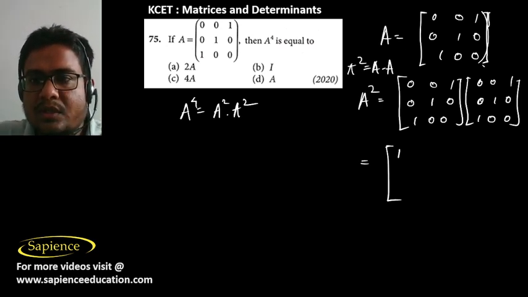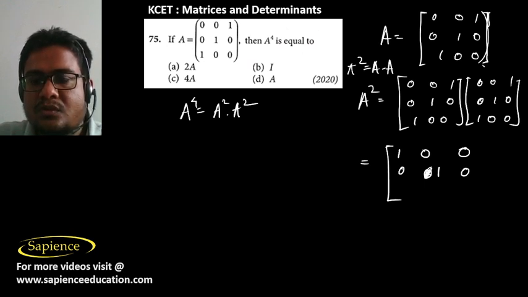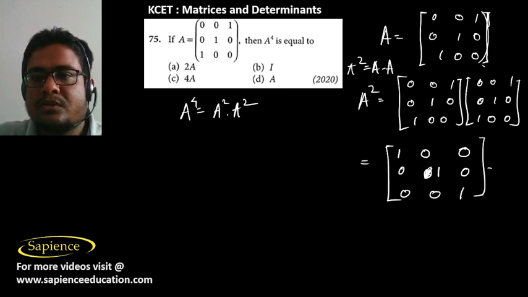So this will be 1, and then first row into second column, that is 0, first row into third column, that is 0, second row into first column, that is 0, second row into second column, that is 1, second row into third column, that is 0, third row into first column, that is 0, third row into second column, that is 0, third row into third column, that is 1, which is equal to I.